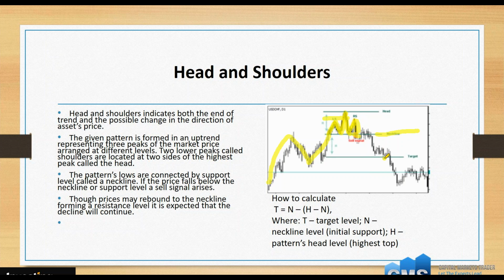Our target for where we would want to exit the market can be calculated, because what this is telling you is that price has a momentum to it. And when it breaks out, we can calculate this by T equals N minus H minus N. So the target price is the neckline minus the head minus the neck.